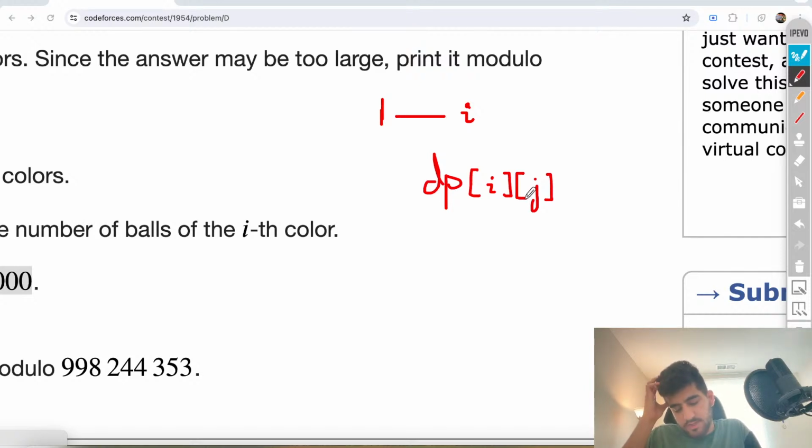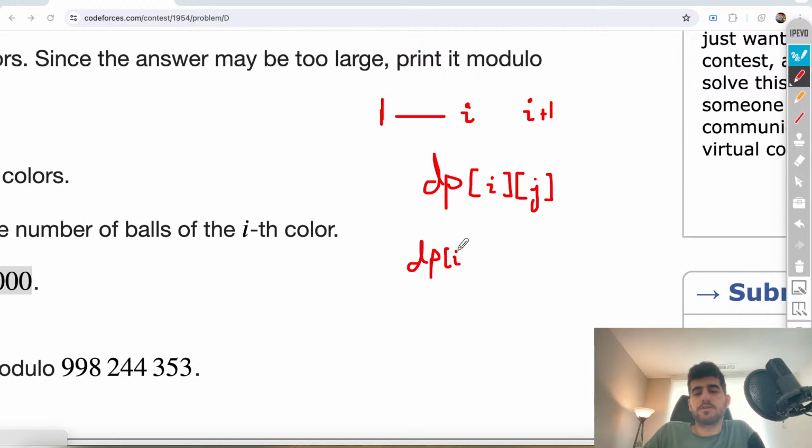How do we count them using dp? When i plus 1 is introduced, dp of i and j goes to dp of i plus 1 and j plus a of i plus 1.